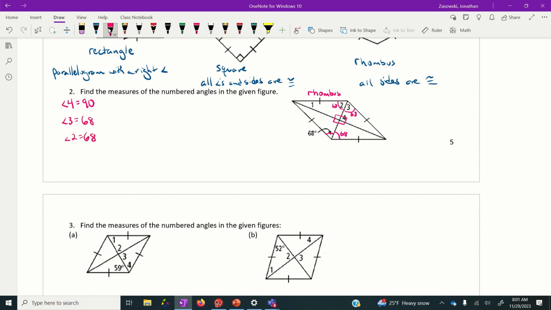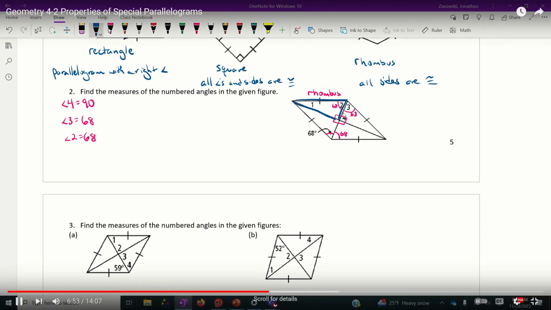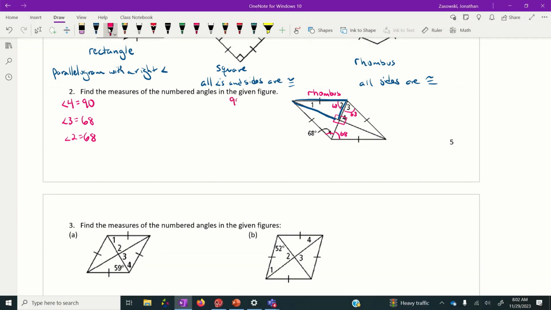And angle 1 is kind of neat here, that it's contained in a smaller right triangle. And since we know that the angle in the center here is 90 and angle 2 is 68, we can figure out the measure of angle 1 because we know that all angles add to 180. So 90 plus 68 is 158. And then we can take 158 away from 180 to figure out the measure of angle 1, which is going to be 22.